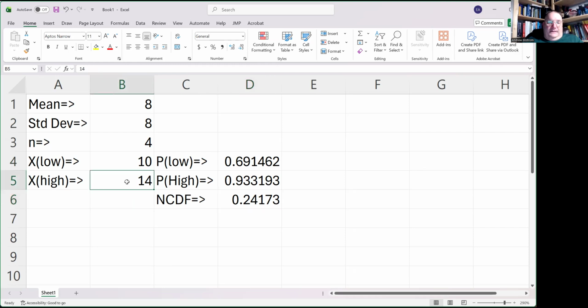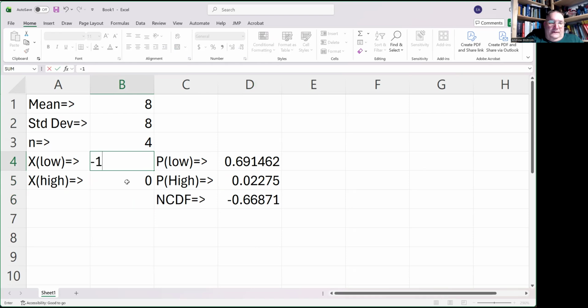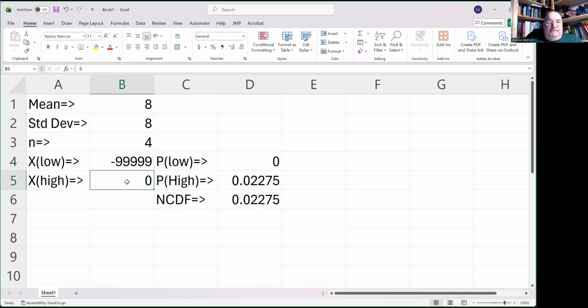If I want to look at what's the probability that we could actually lose pretty much all our money, this is telling me under these circumstances, there's a 2.2% chance, or 2.3% chance that we could actually lose money and lose value and stuff like that.